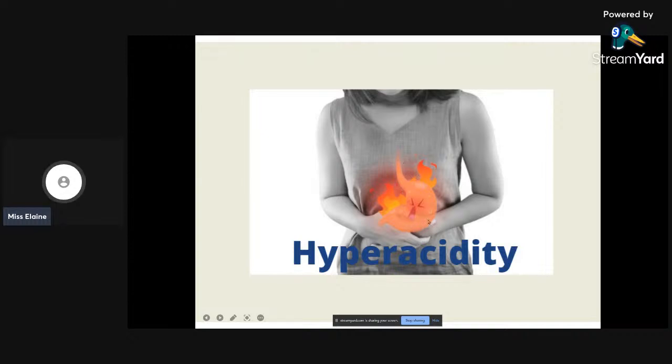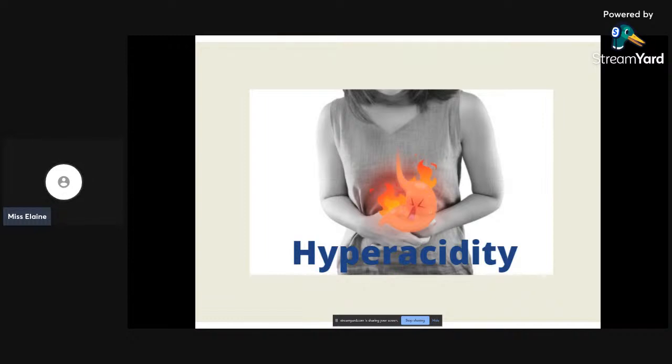So usually dapat ang ating hydrochloric acid is nag-stay lang siya saan? Sa stomach. Okay? So pagka umakyat na siya, it means there's something wrong. That's why some of those with hyperacidity, umiinom sila, di ba, ng Kremil-S, Buscopan Plus. Usually these are medicine for anti-acid.